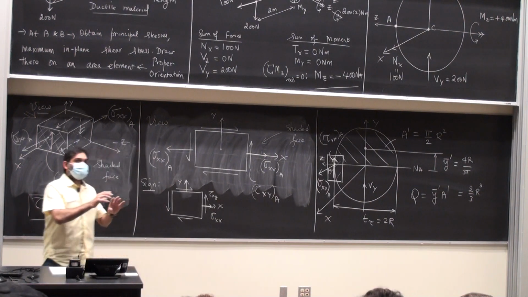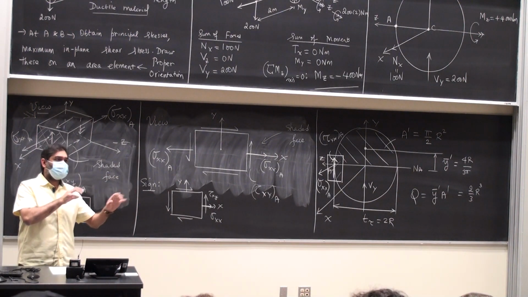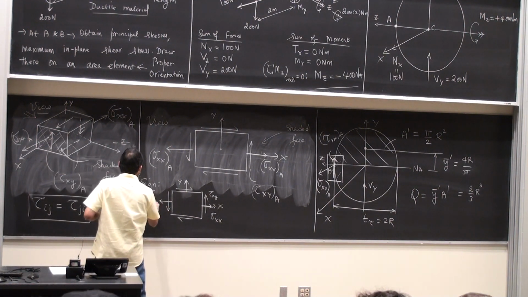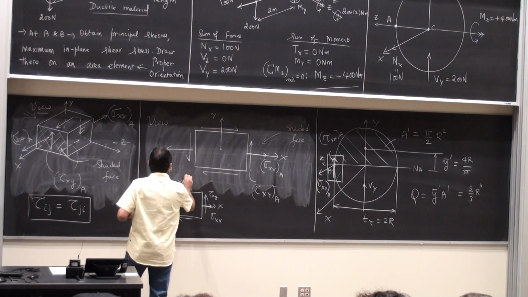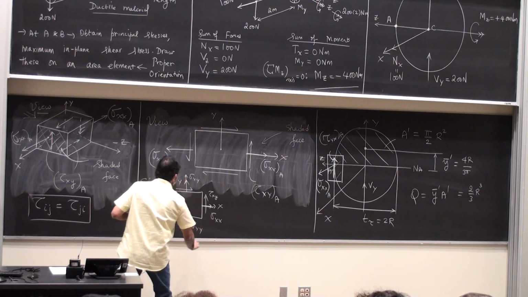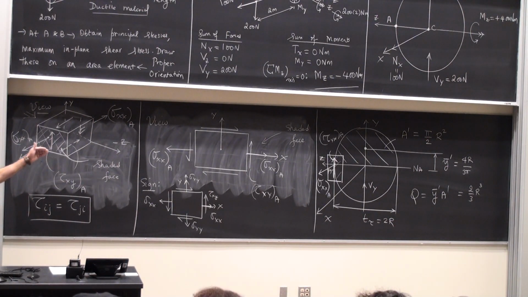If the average normal stresses or the bending stresses combine together, which cause a normal stress, if they are tensile, they are positive on both faces. Likewise, sigma y is positive. So according to our sign convention, tau xy is now going to be plus 2 megapascals.